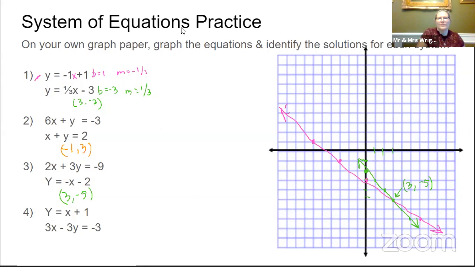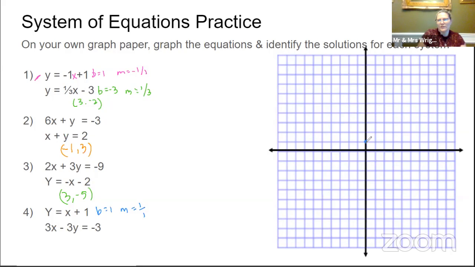All right. Next one, y equals x plus 1. Oops, let me erase these. y equals x plus 1. In this case, my b is 1 and my slope is 1 over 1.